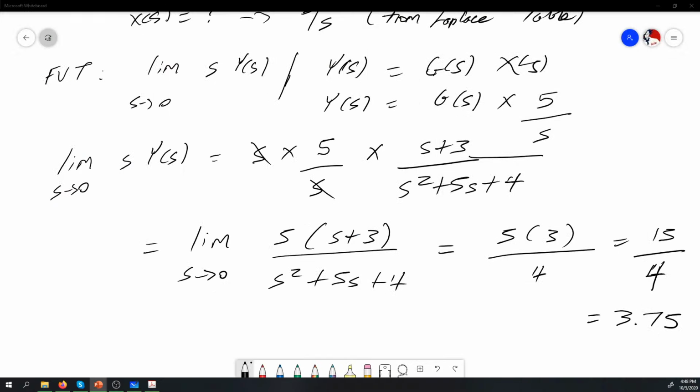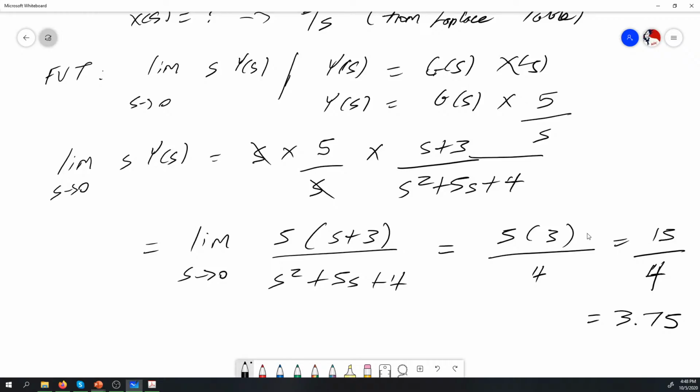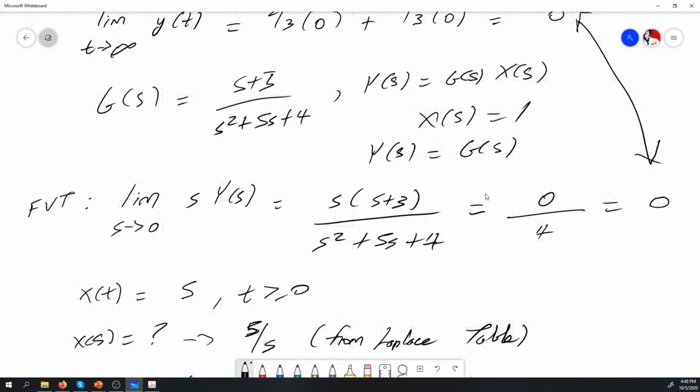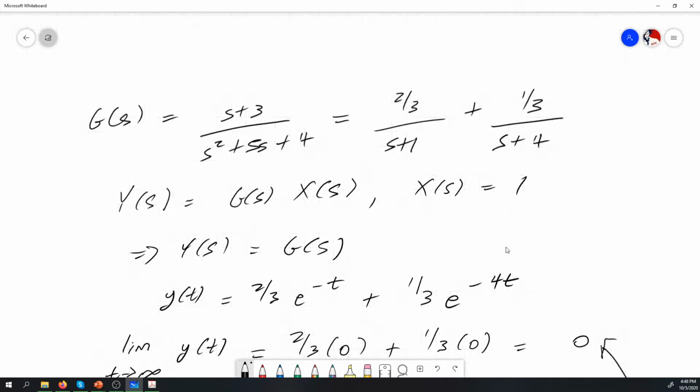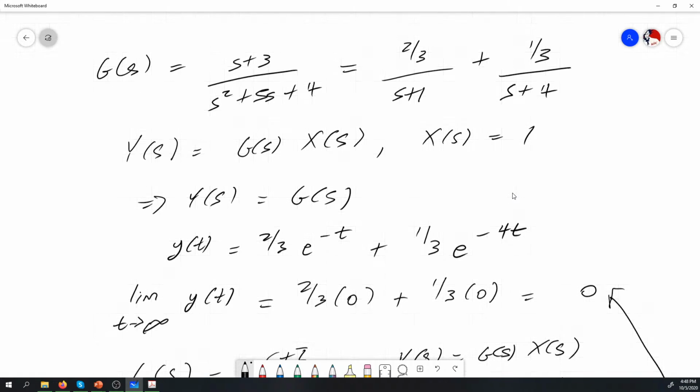So in doing this evaluation here, the reason why we say X(s) here is equal to 1 is because we're trying to evaluate this with respect to the unit impulse at our input. So this comes like if we said x of t here is equal to delta of t.